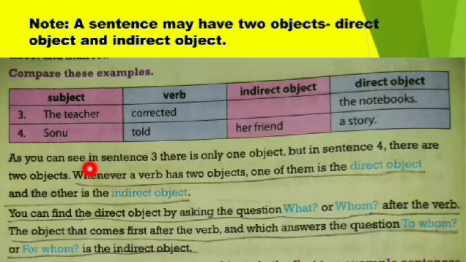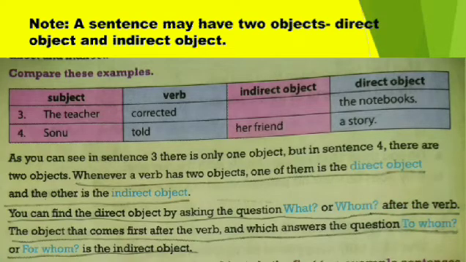I want to bring your focus to this line, which says that whenever a verb has two objects, one of them is the direct and the other is the indirect object. We can find the direct object by asking the question what or whom after the verb.